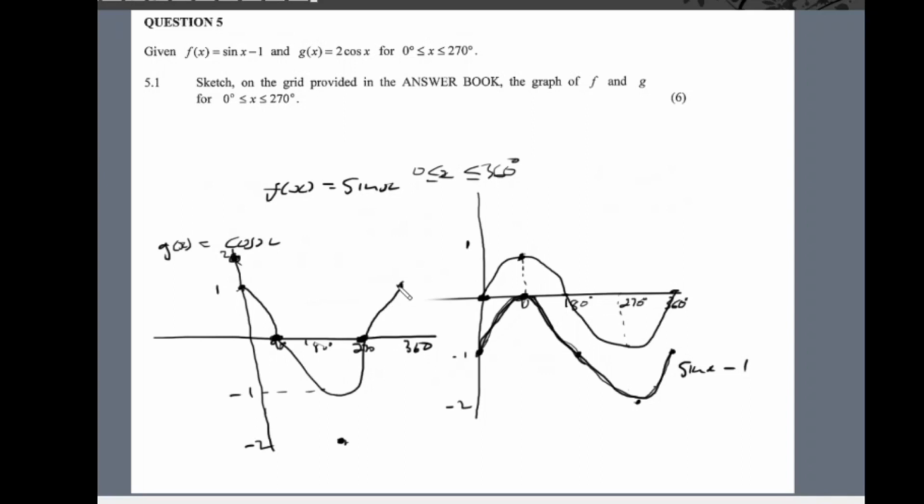This one is 1, you'll multiply by 2, it will go there. Right, so the graph of 2 cos x will look like this.